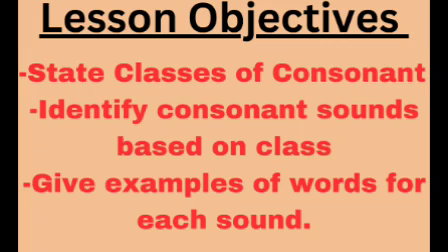By the end of today's class, you will be able to state classes of consonant sounds. You will be able to identify each consonant sound given based on their class, and you will be able to give examples of words for each consonant sound in English.